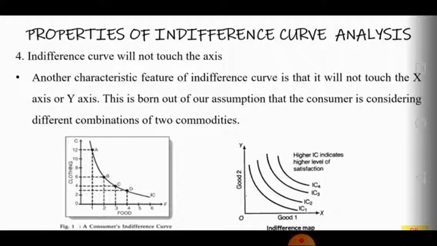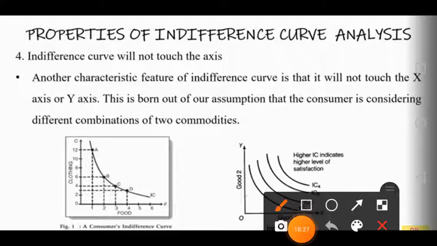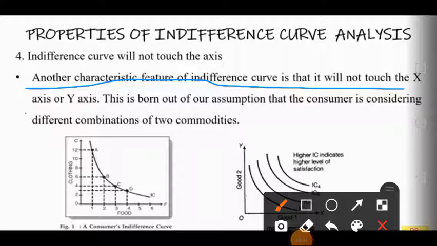The fourth property is that an indifference curve will not touch the axis. The reason is very clear. At the very earliest stage, in the assumptions, we always use two goods. So they cannot touch the x-axis. Another characteristic feature of an indifference curve is that it will not touch the x or y-axis.